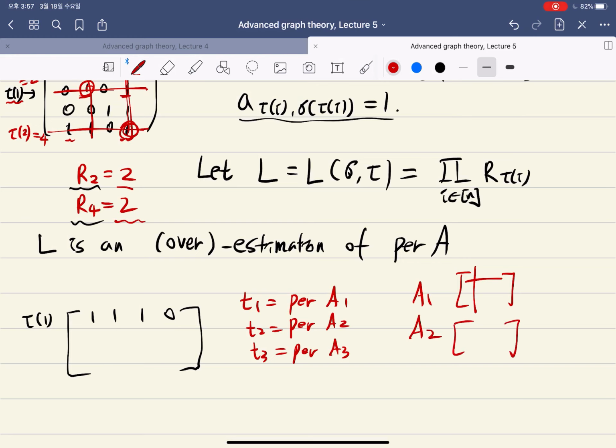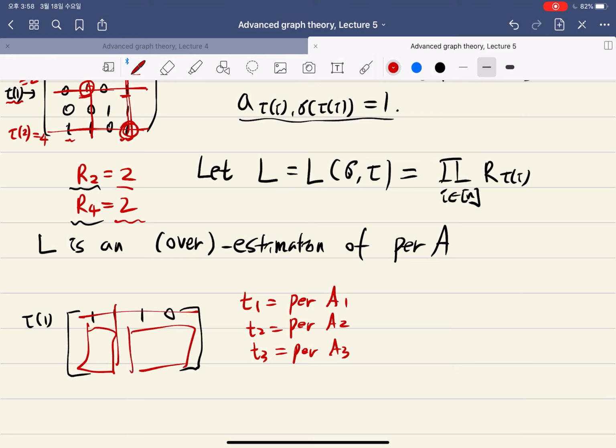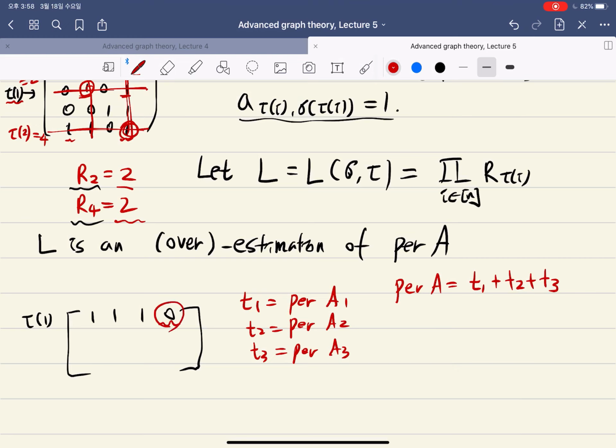A2 is you deleting the first row and second column. A3, you delete the first row and third column. So this matrix is A1, and this remaining thing here is A2, and so on. Then it's obvious that the permanent of A is actually T1 plus T2 plus T3. So we don't consider T4 because this is 0, so all the terms containing this vanish.